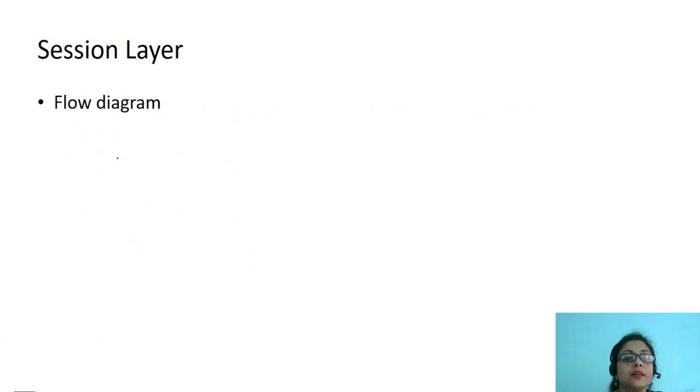Let us understand the flow diagram of the session layer. So let's say this is the sending station and we have the receiving station. So from the sending station, since this is the 5th layer, we will be getting D6, or it is actually coming from the presentation layer.